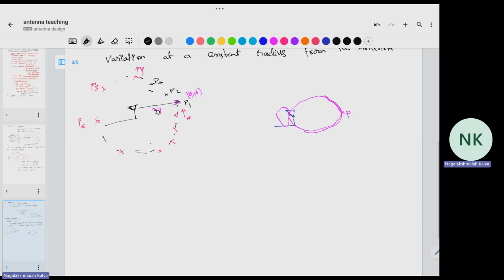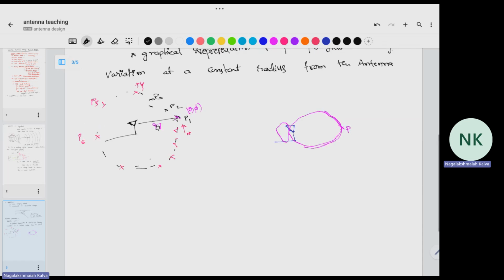Based on the parameter which we are plotting, we can classify the radiation pattern as power pattern or field pattern. If it is power intensity, you can say power pattern, or if it is field intensity, you can say field pattern, or you can say power pattern in dB, in decibel scale.